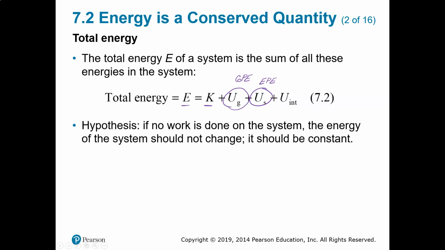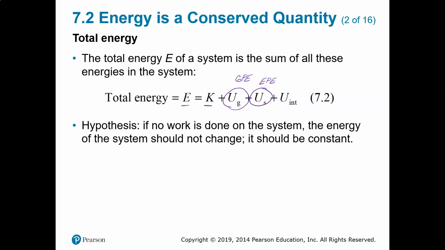So we take everything and we add it all up. If no work is done on the system, will the total energy change? That is the question. Will the system energy change?